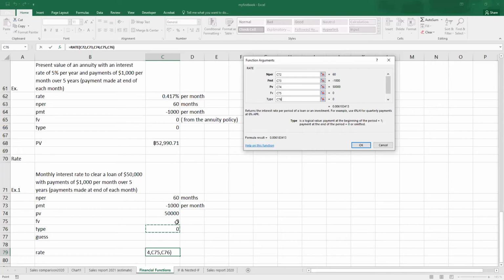Before I finish these arguments, you have to be careful. Normally the pop-up window for the function arguments shows only 5 arguments at a time.